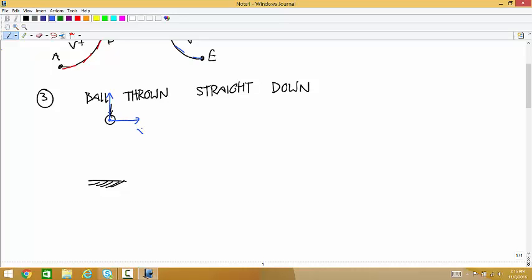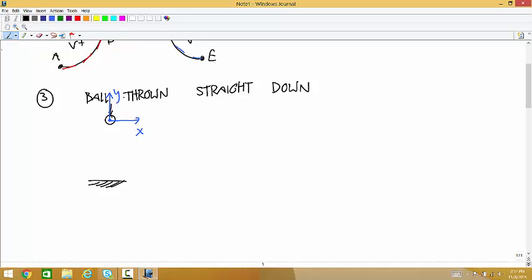So there's the coordinate system. And it's being thrown straight down. If it's thrown straight down, the x position never changes. This ball is going to start out at 0 y and go down into negative y values, but it's never going to move horizontally, so the x position is always going to stay the same.